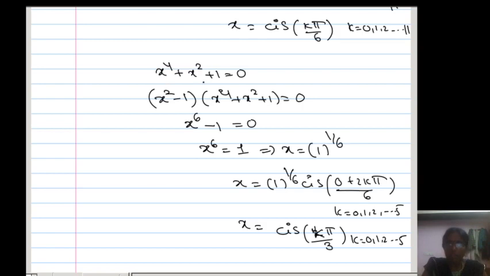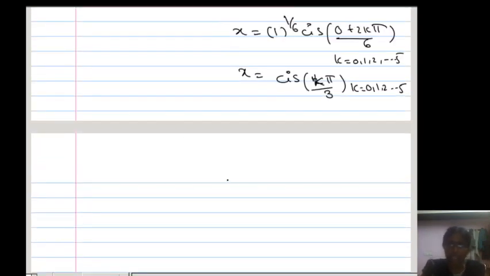So now I got the roots of this equation, as you can observe here. Listen properly. If k is equal to 0, cis 0.